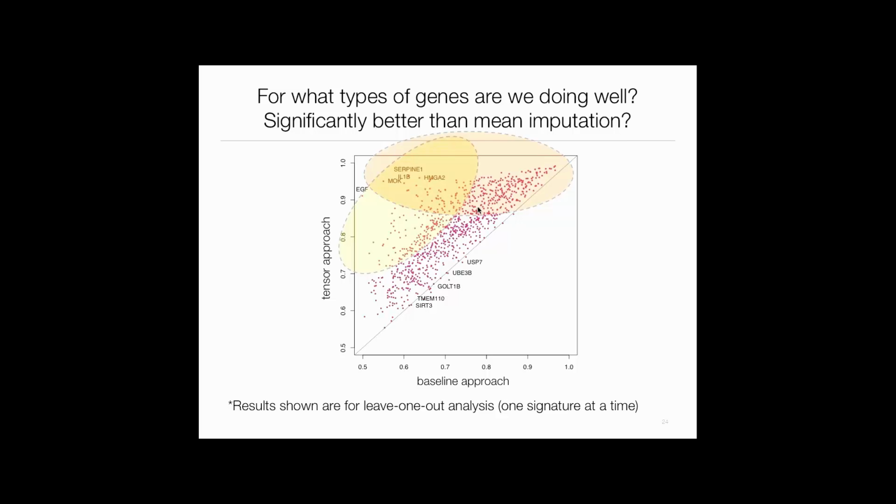Rachel, I apologize. Can I interrupt you? There are a couple of us confused over here. We don't recall what exactly the baseline approach is. Could you say again? Yes. So the baseline approach is simply computing the mean expression value across, so take a particular drug in the tensor and just look across the cell type dimension and average the expression values for all the measurements that I have in that dimension.